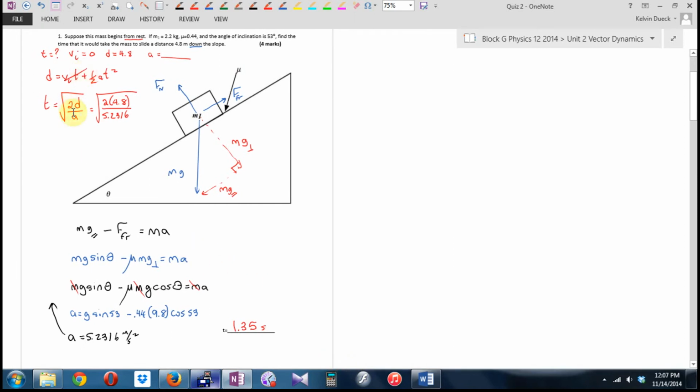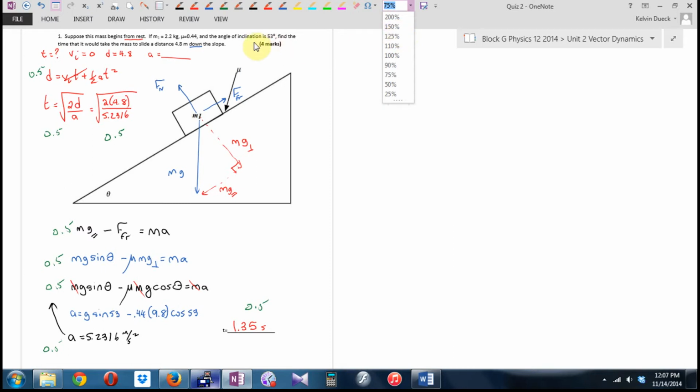You know what I think I would do, actually, is I would give half mark for each of these lines. Half mark for the acceleration, and a half mark for the time, something like that. I'd give you 2 out of 4 for finding a, because that's the hardest part, and then 2 more marks for finding time.